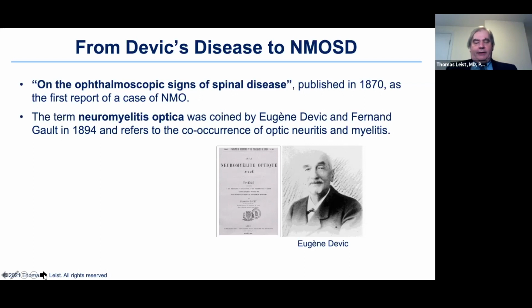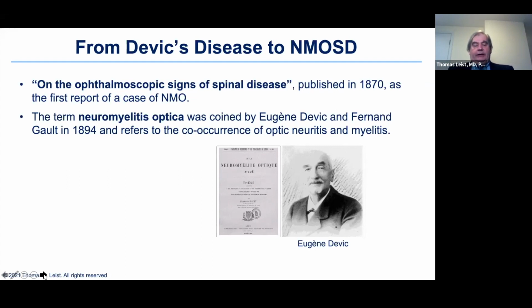So let's go back about 150 years. Around that time, there was the first description of what we call neuromyelitis optica. This was called a disease that affects both the eye and the spinal cord.